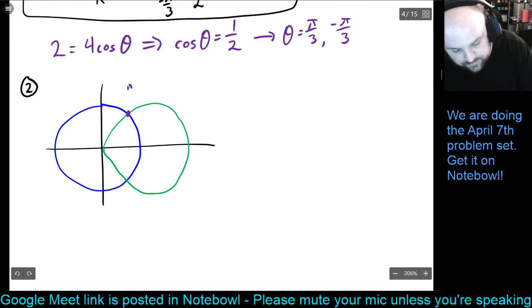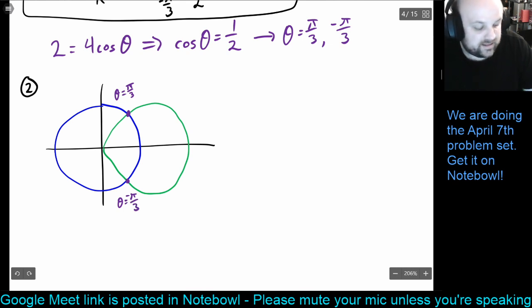This is theta equals pi over 3. This down here is theta equals minus pi over 3. And this time, we're asking for the area inside both of these. What is that area?